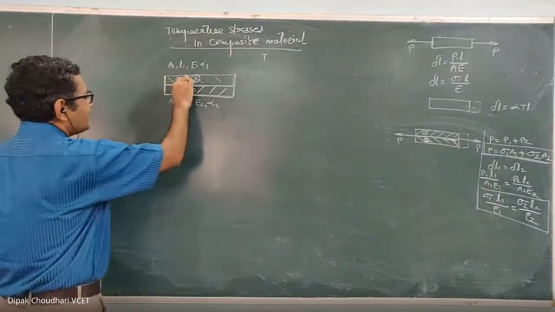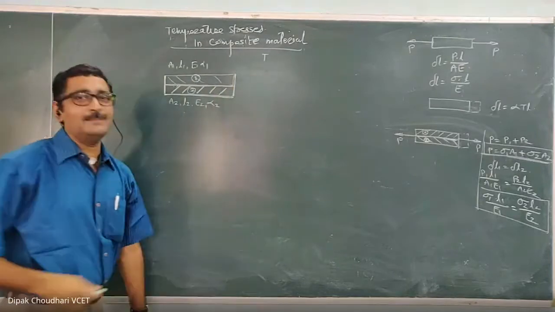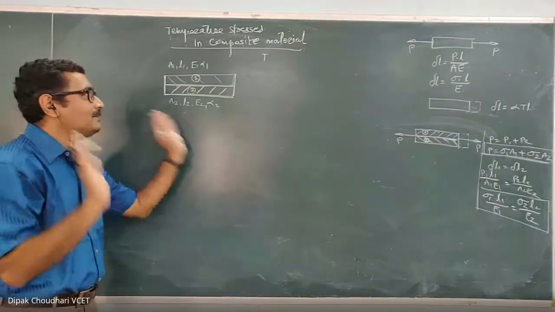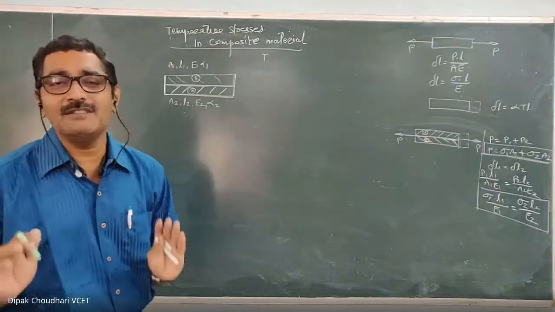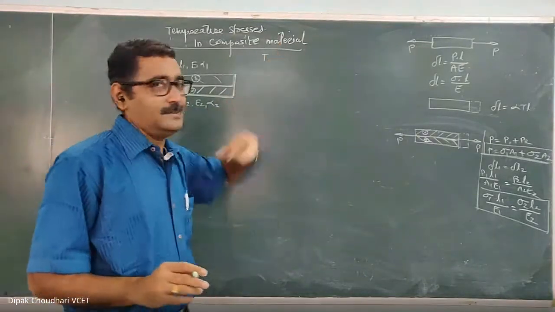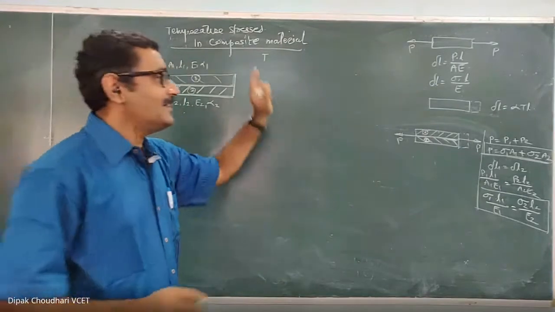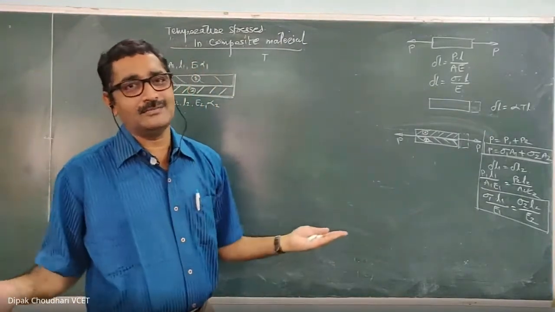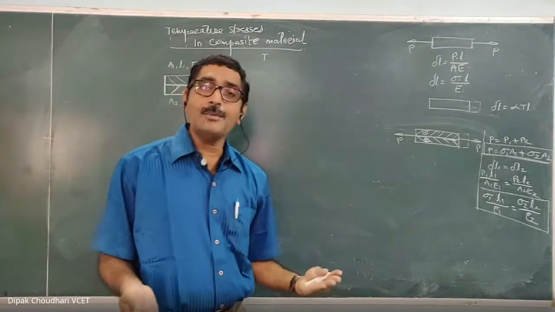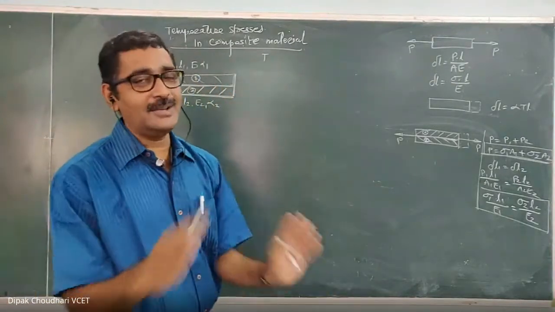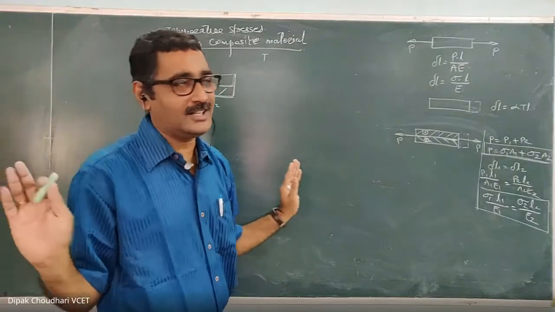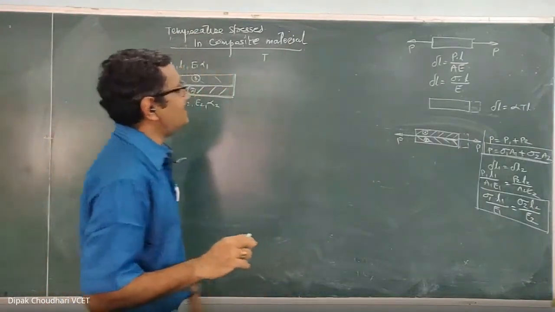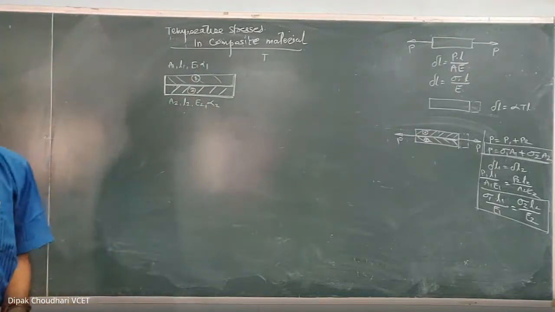When this assembly is heated through change in temperature T, we have to find out what will be the temperature stresses induced in materials 1 and 2 because of this change in temperature. I already told you that if the material is free to elongate and no deformation is prevented, temperature stresses will not be induced. Here, we are not applying any external force, but the temperature is changed through T degrees Celsius.